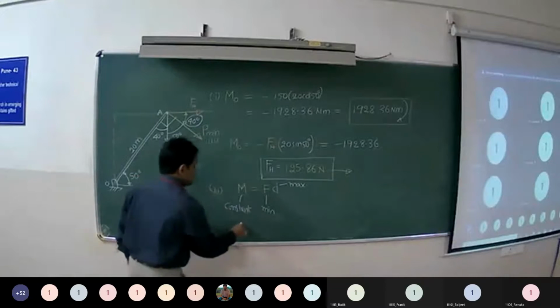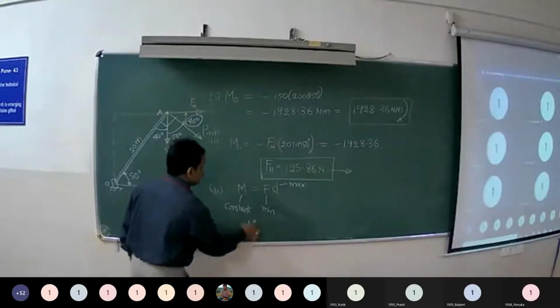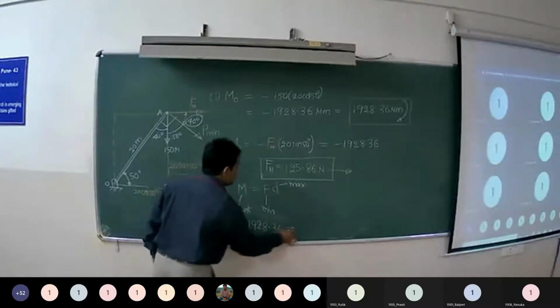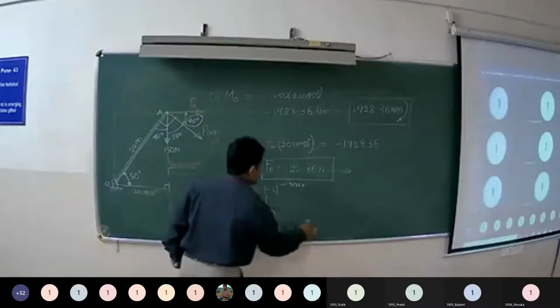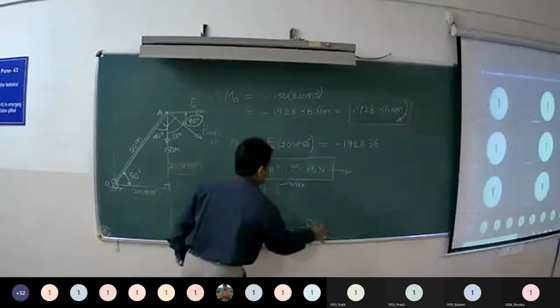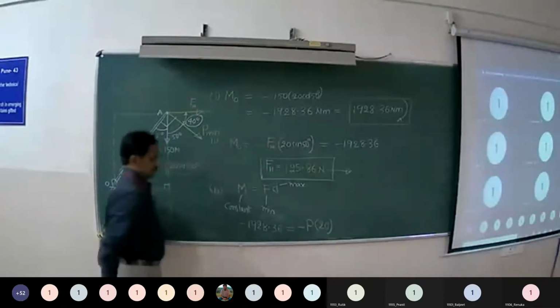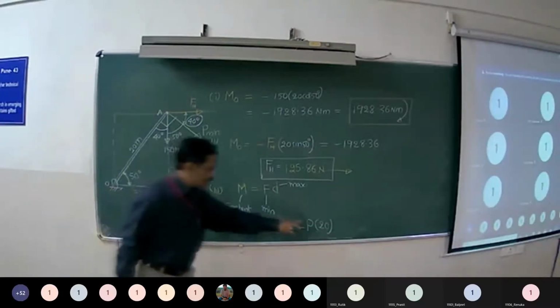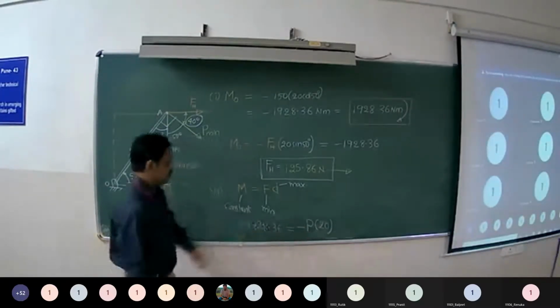So, moment is minus 1928.36 is equal to minus P into 20. 20 is the perpendicular distance which is maximum, therefore P is minimum for a given moment.